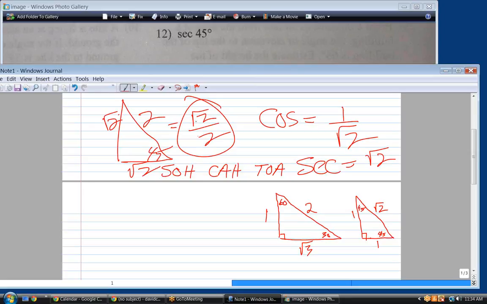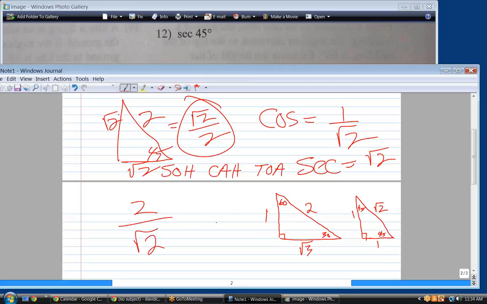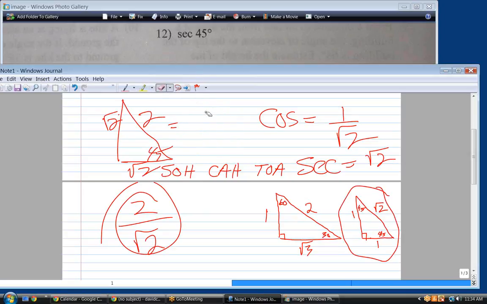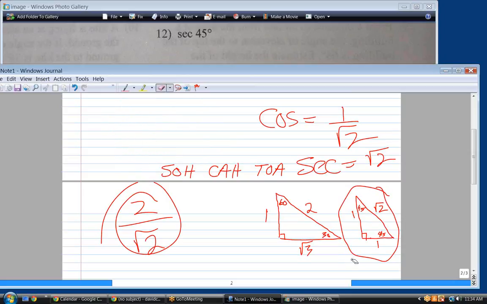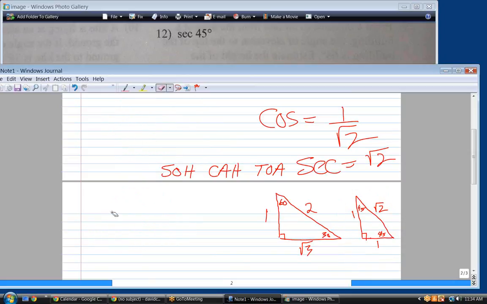Of course, the problem is if you take the secant, which is 2 over root 2, now you have to rationalize that, whereas you don't if you use this model here. I prefer this 1, 1, root 2. For one thing, it's easier to remember.